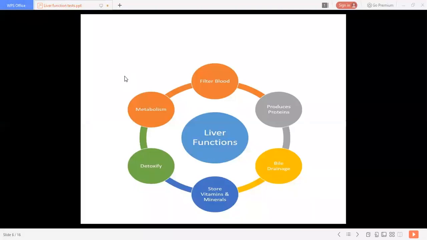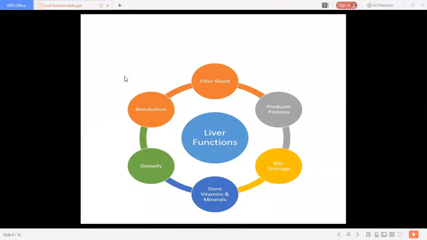Now, high levels of globulin in the serum always indicate liver diseases and many other conditions such as bone marrow disorders, kidney diseases, leukemias and rheumatoid arthritis.